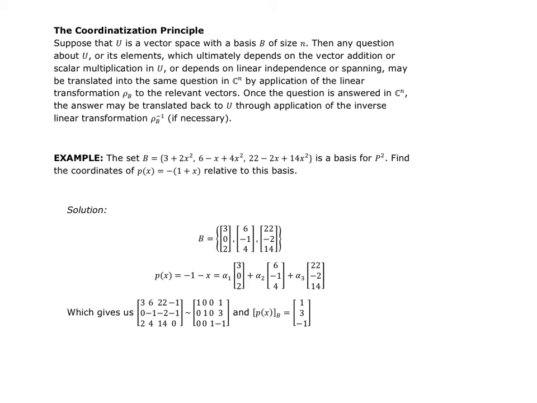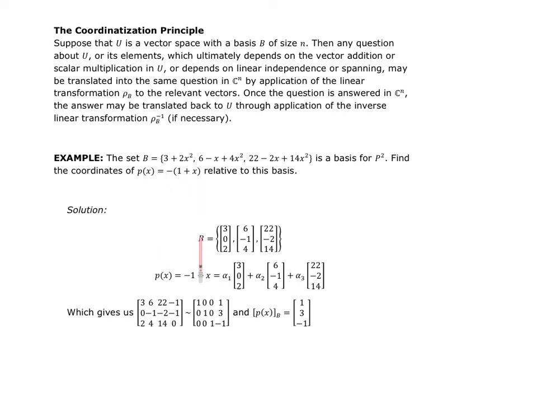Let's do one more example here. So we have this set B, and it's a basis, and all we'd have to do is confirm it's a basis for P2. We want to find what the coordinates of this polynomial, which is negative 1 plus x, would be relative to this basis. Now, the coordinates of this on the standard basis, which is 1, x, and x squared, would just be this.